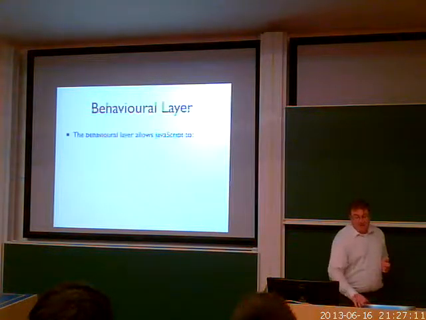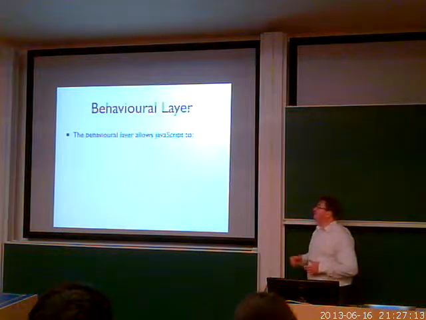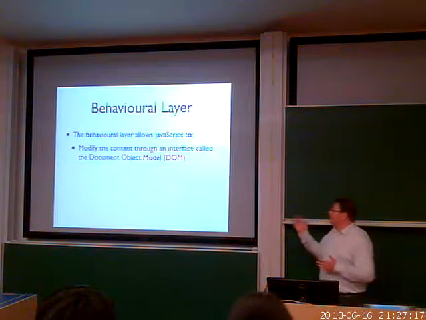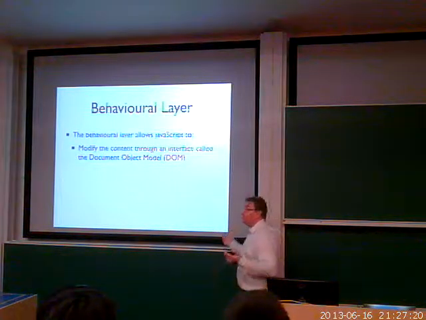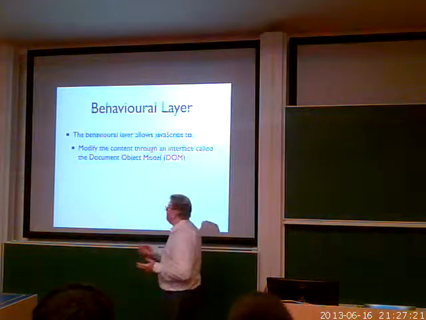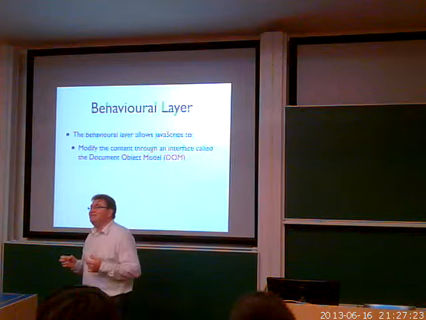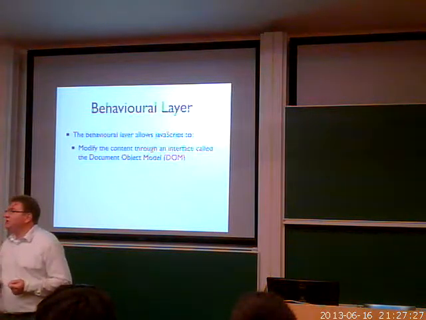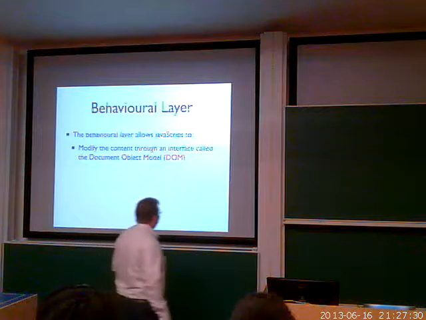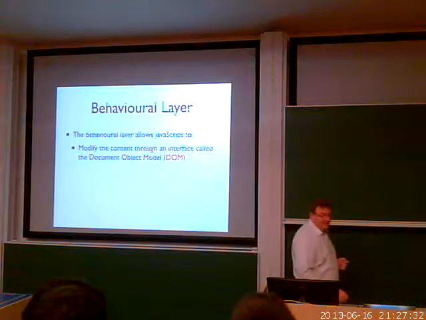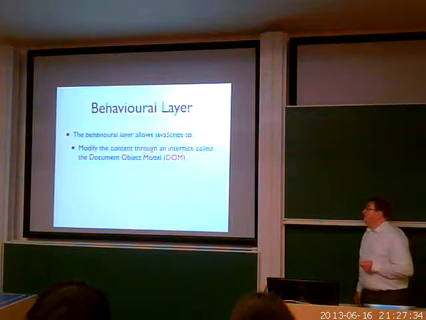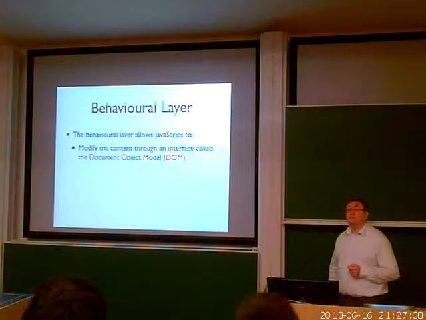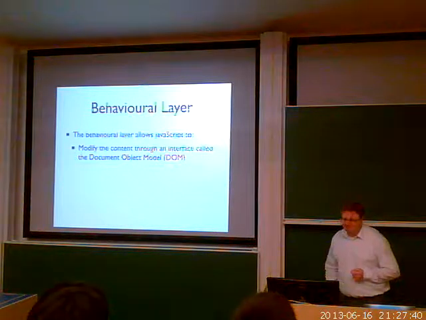If we look at the behavior layer in a bit more detail, it enables JavaScript to do a number of things. So the primary purpose is that it enables JavaScript to interact with the content layer through an interface from the document object model. And this is a thing that was developed way back in the late 90s, and it shows, it's got the strangest interface ever.